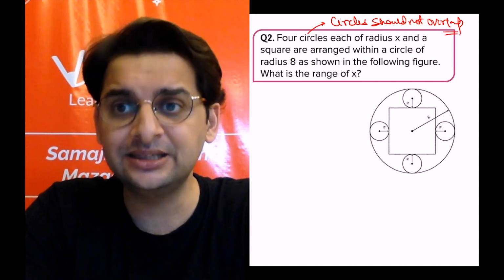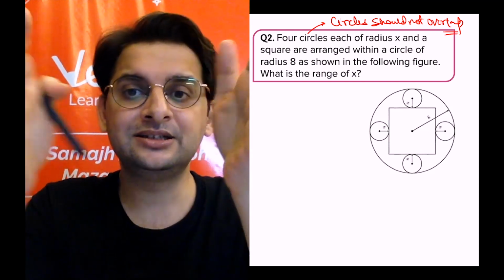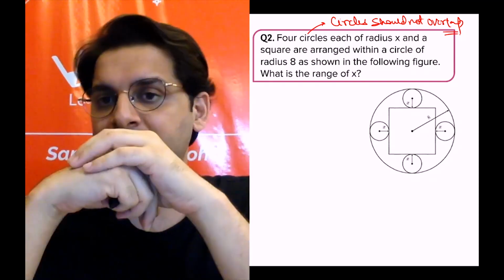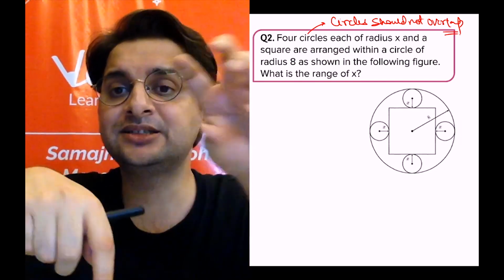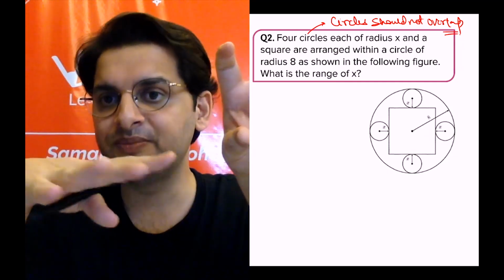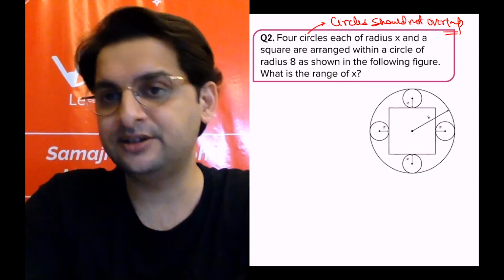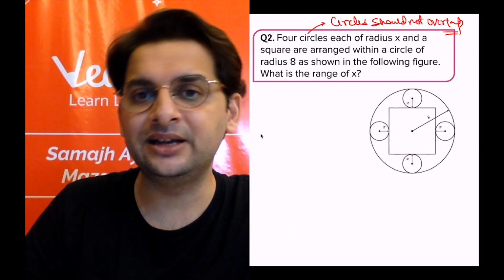So that means we need to find the minimum value of x. That is, the circle can be as small as possible. So what is the condition of the circle? It is touching the square, and also touching the outside circle. So the circle is touching the outside circle, all the circles, and is also touching a square which is inside the circle. So what can be the minimum case? What is the limiting condition?